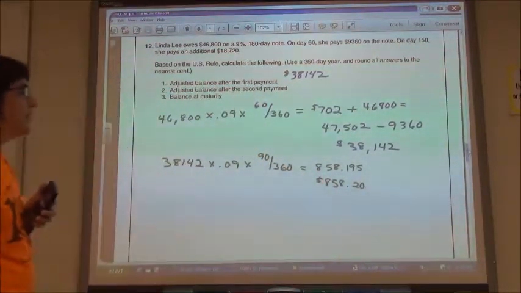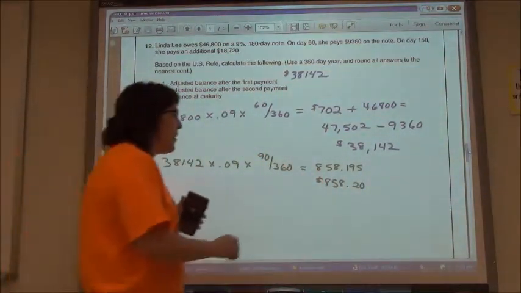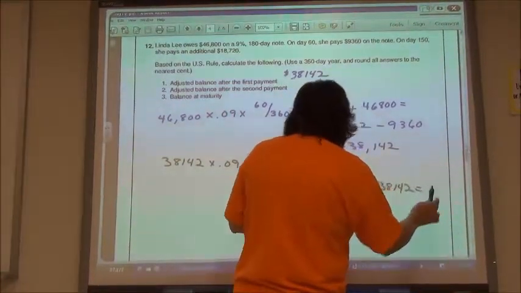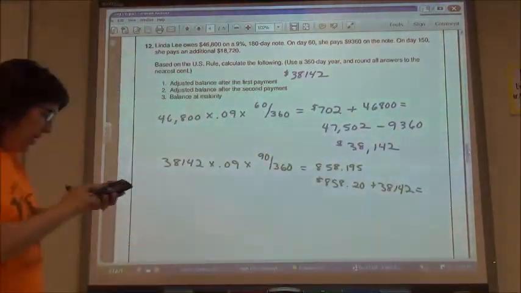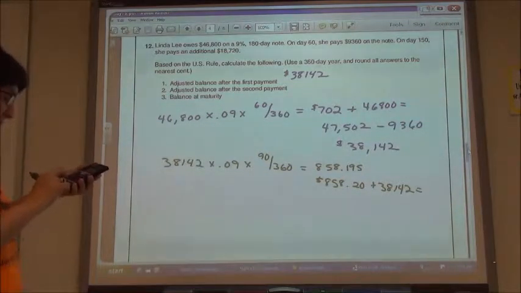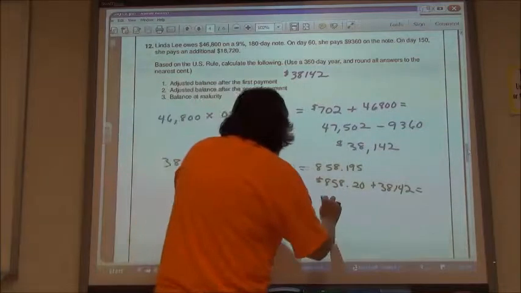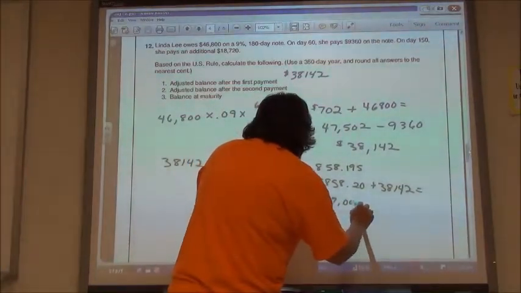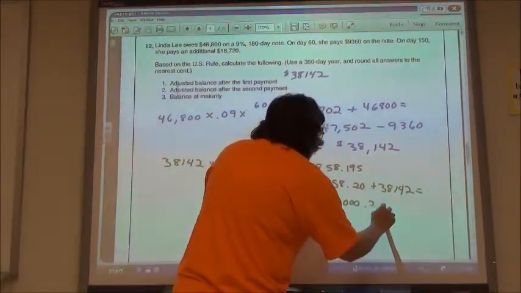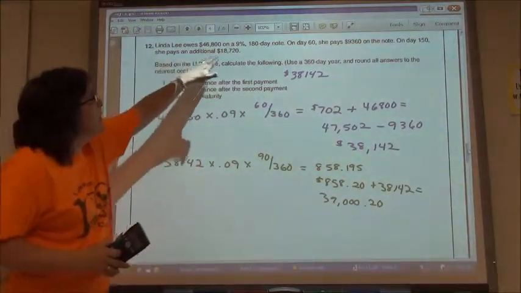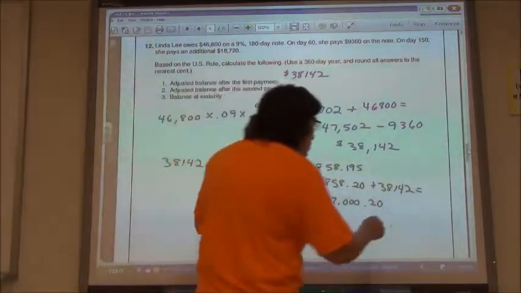$858.20. I'm going to add that to the amount that I owed, the $38,142. So $38,142 plus $858.20 means I have $39,000.20 that I owe. I am going to make a payment of $18,720.